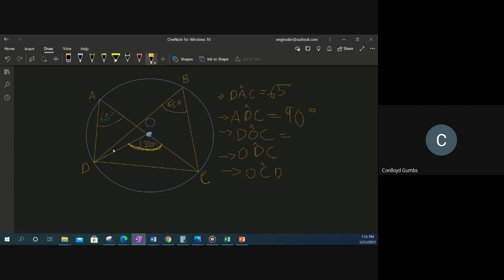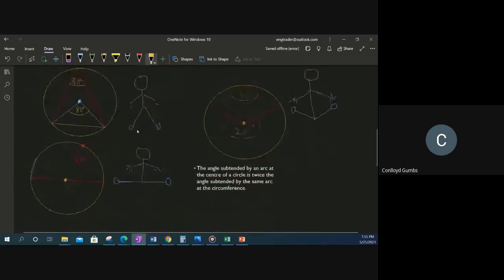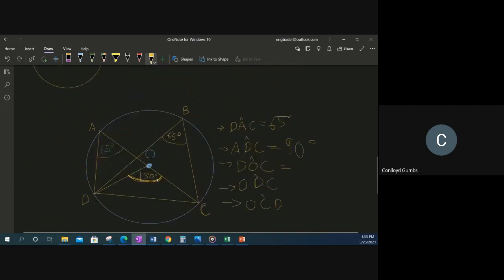This is 65, so we have that Patrick looking thing, this guy just standing up here. This is what we're seeing here. He's not standing up like this, he's not flat. But look at that. So then we know that here is 130.